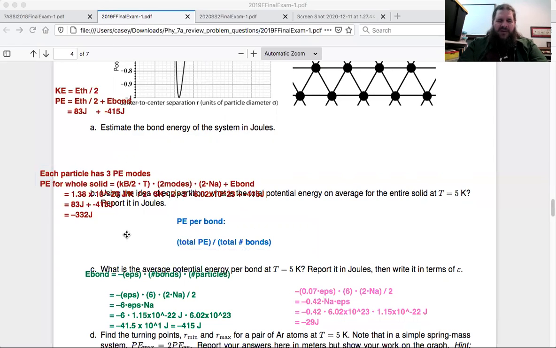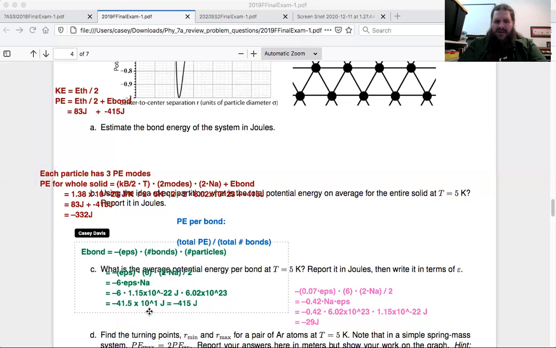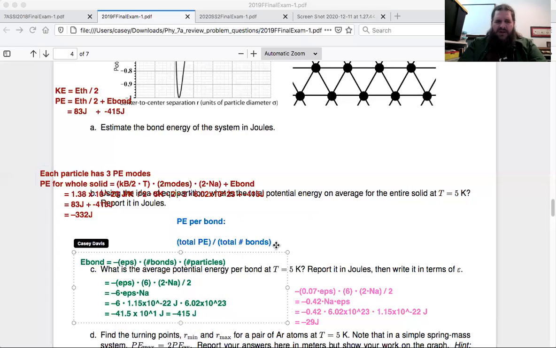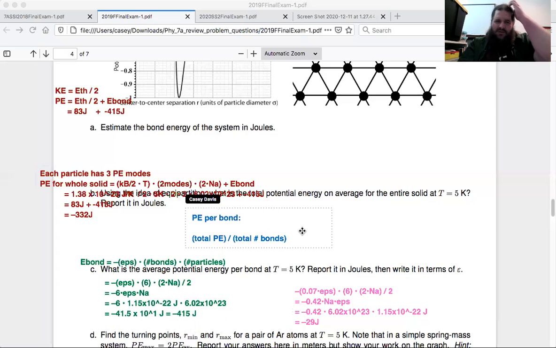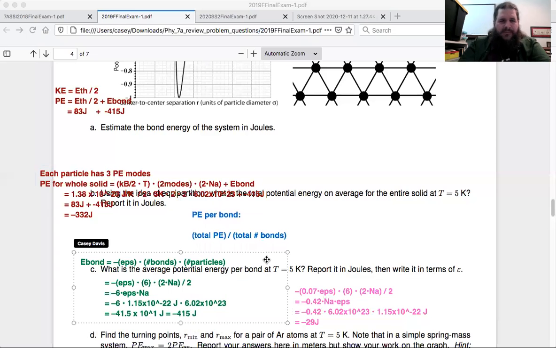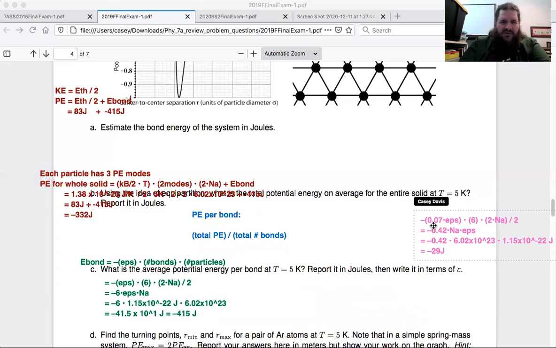And we have the total potential energy, that's negative 332 joules. And the total number of bonds, we actually already calculated that when we were working out the bond energy. And here we're assuming we're specifically just looking at the nearest neighbors, so ignoring the second nearest neighbors for now. Which part of this was representing the total number of bonds?